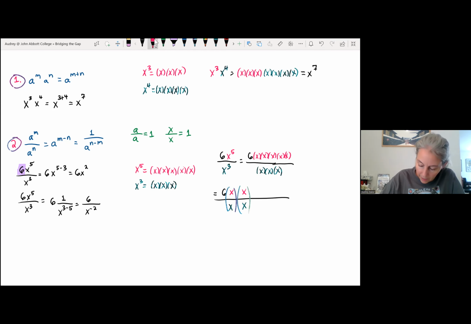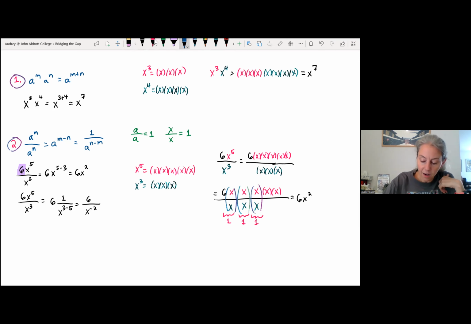And then my third x is being divided by the third x on the bottom. But then I don't have any more x's left on the bottom. So we'll just have those 2 left on top. And these all become 1. And anything times 1 is just itself. So then this becomes 6, and I've got my 2 x's left over, 6x squared.